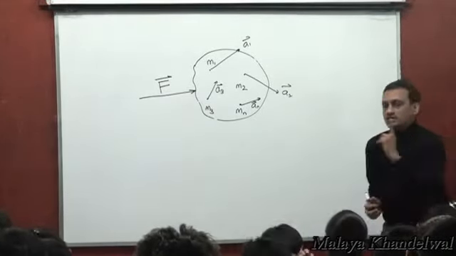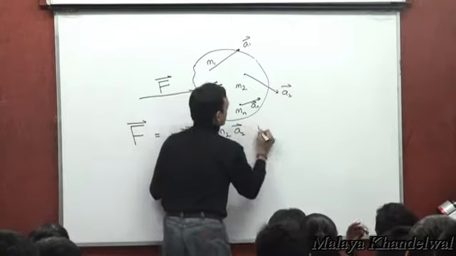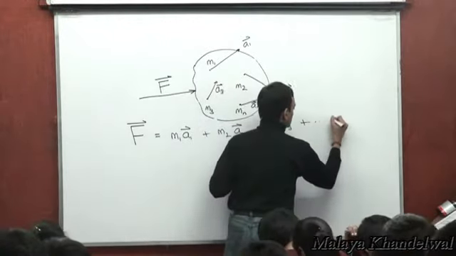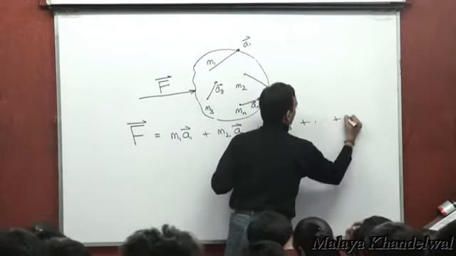The net of all external forces F would be m1a1 + m2a2 + m3a3 + ... + mnan. That's the generalized second law.